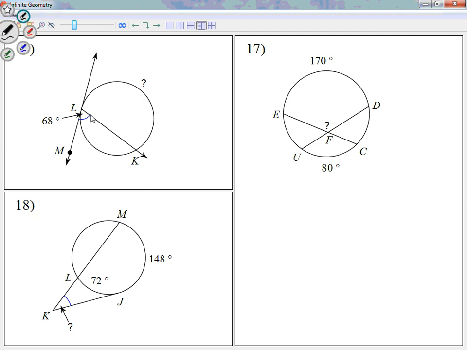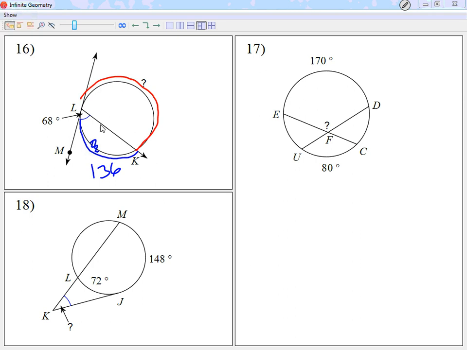If the angle is on the circle, like question number 16, the arc that it creates is twice the angle. So if the angle is 68, this arc is 136, 68 times 2. If I had the question mark there to begin with, then x equals 136 and I'm done. But I'm asking for this other arc.